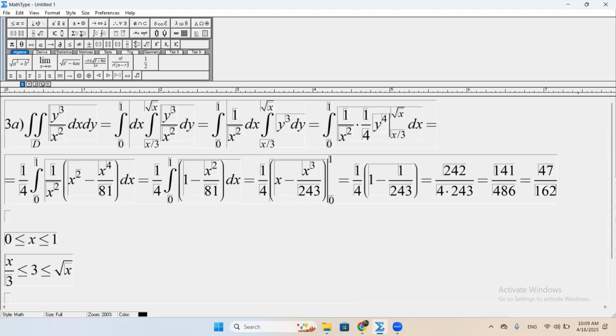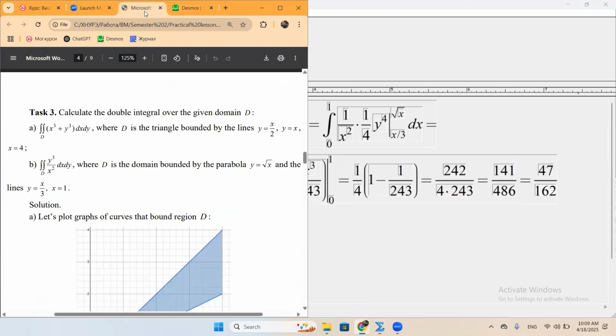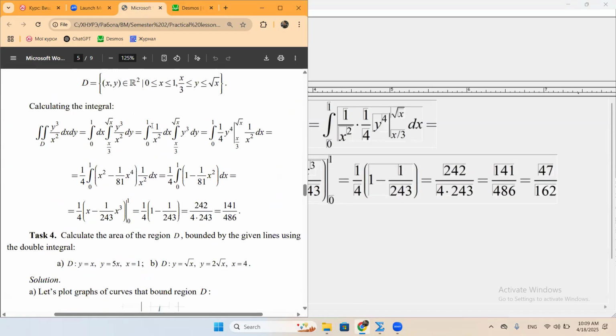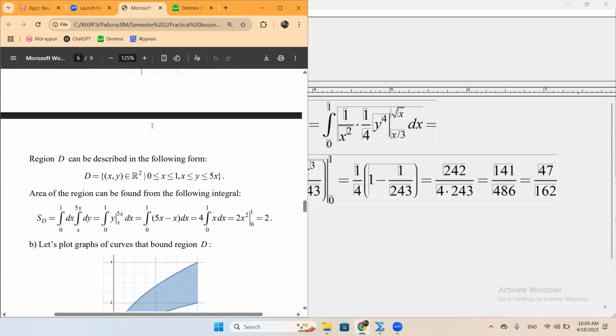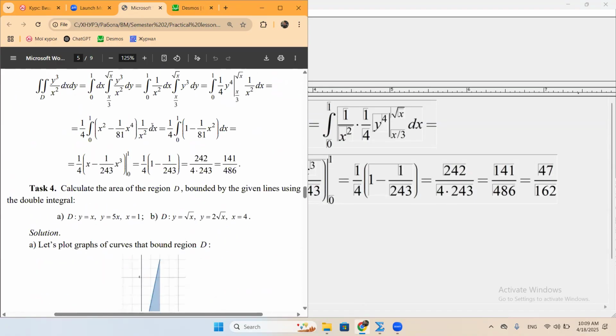Okay, I see that no questions, so let's move to the next exercise. So task number 4. Here it's not simplified, but okay.